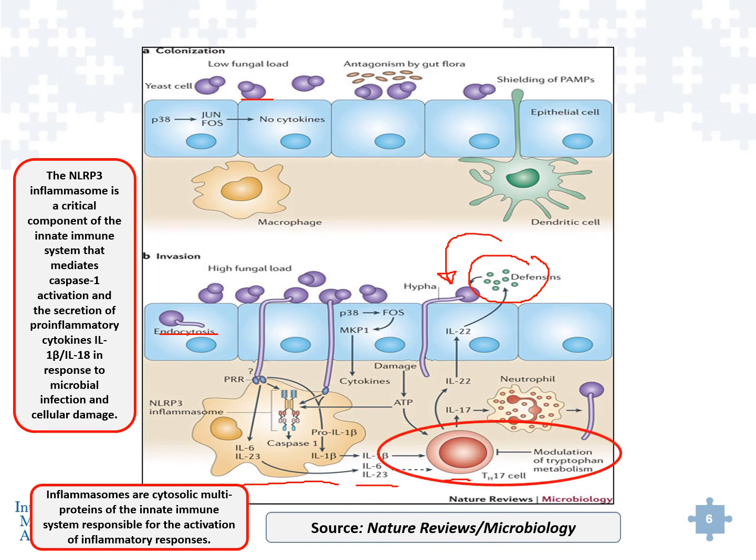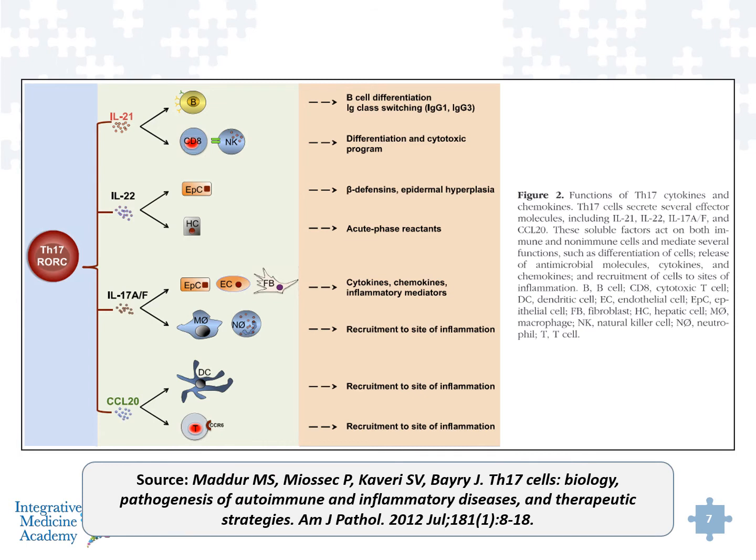All right, so the Th17 is critical with regards to autoimmunity. We can see that Th17 produces, or at least induces, a number of cytokines. Interleukin 17, for example, is calling in different cytokines, these inflammatory mediators. And this is also helping to attack pathogens along that mucosal surface, for example neutrophils and macrophages.